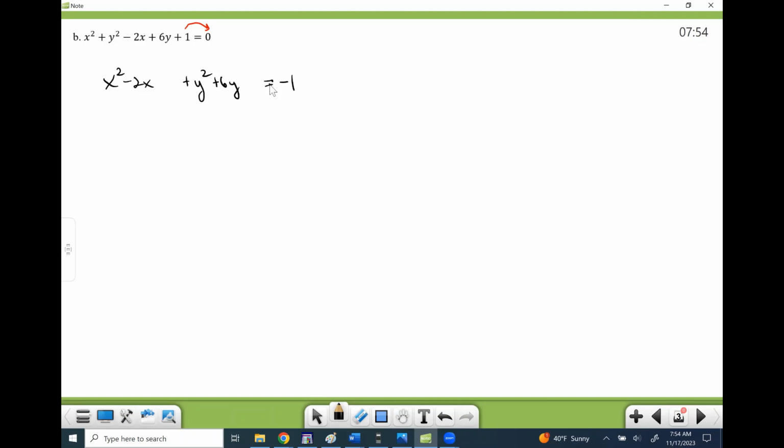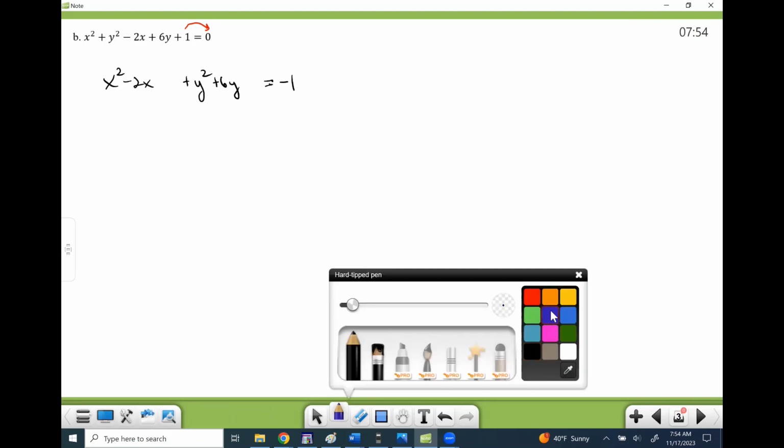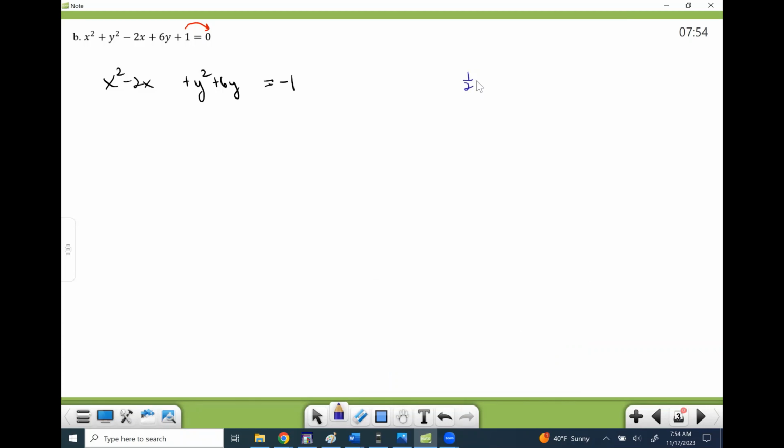All right, now we're going to go ahead and complete the square. Right, so we're going to take half of the b. So the b for the x's is going to be -2. Well, half of -2 is -1. And -1 times -1 is +1. So we're going to put a +1 and a +1.